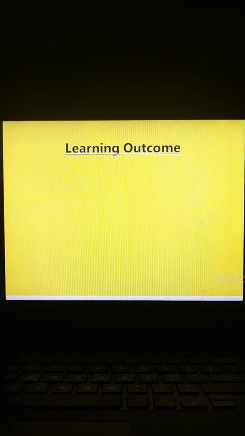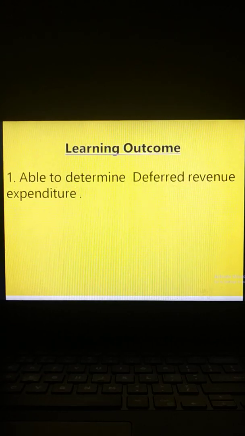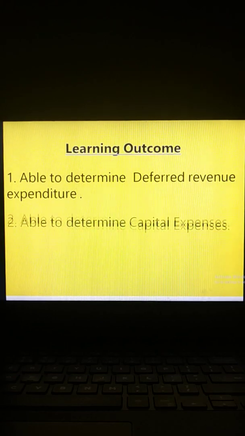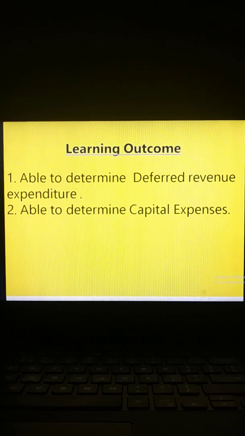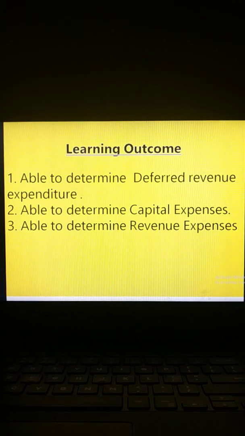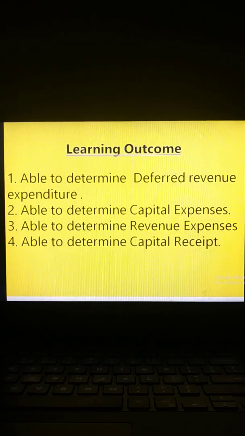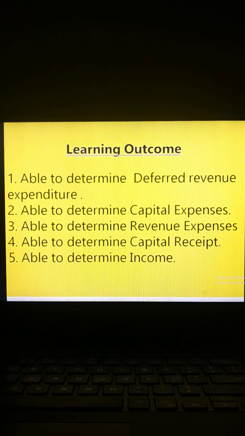After this class, you will be able to determine deferred revenue expenditure, capital expenses, revenue expenses, capital receipt, and capital income.